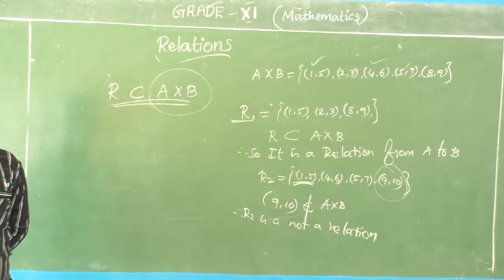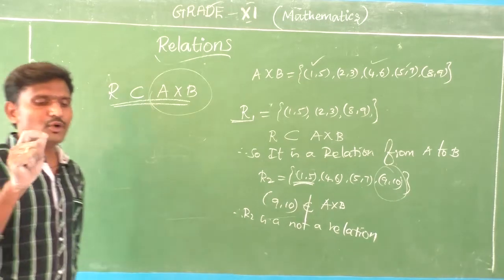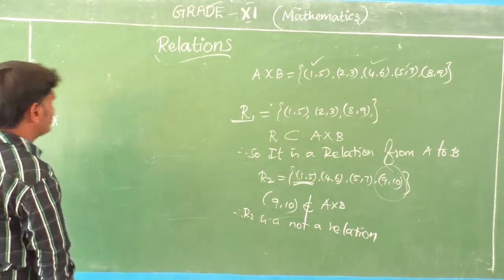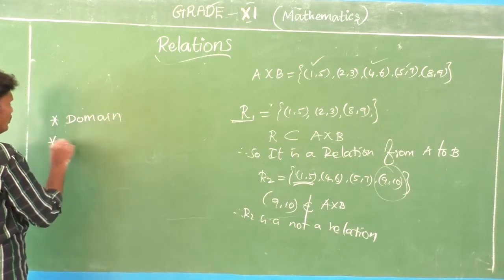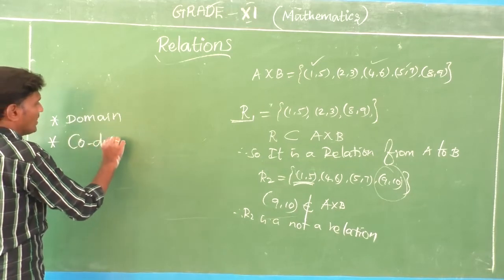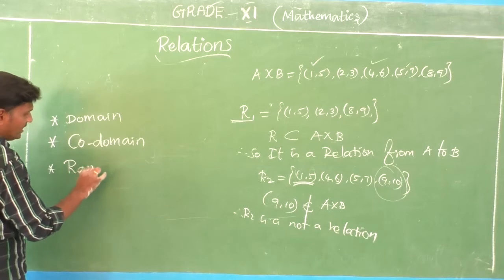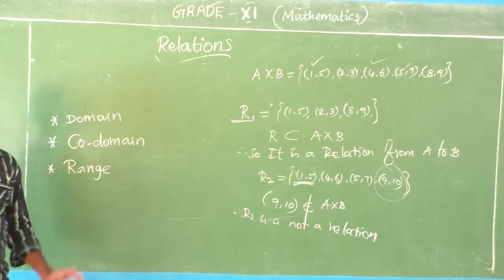That is what a relation is. Now we are going to see the important concepts. The first one is domain, the second one is codomain, and the third one is range. These three topics we are going to see today.